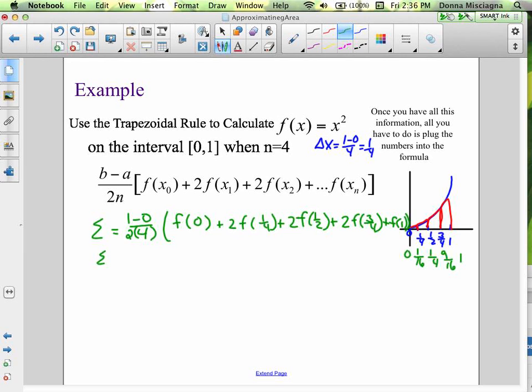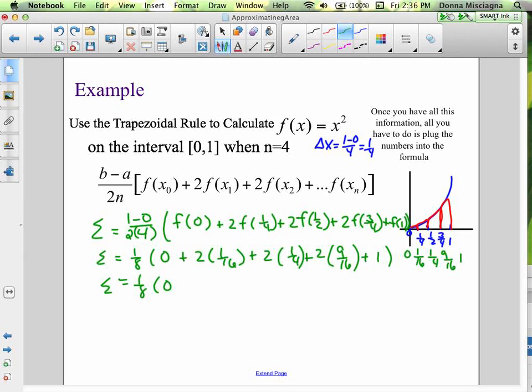All right, so this is 1/8, and then f of 0 is 0. This would be 2 times 1/16 plus 2 times 1/4 plus 2 times 9/16 plus 1. All right? So 1/8 times 0 plus, definitely going to cancel out that 16, so that would be 1/8, plus 2/8.